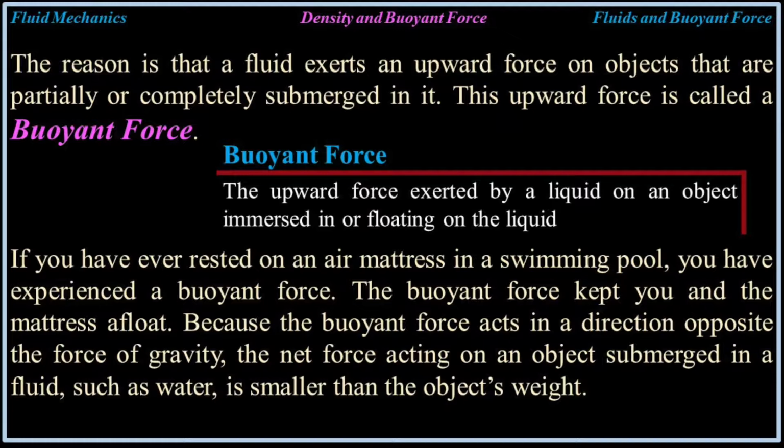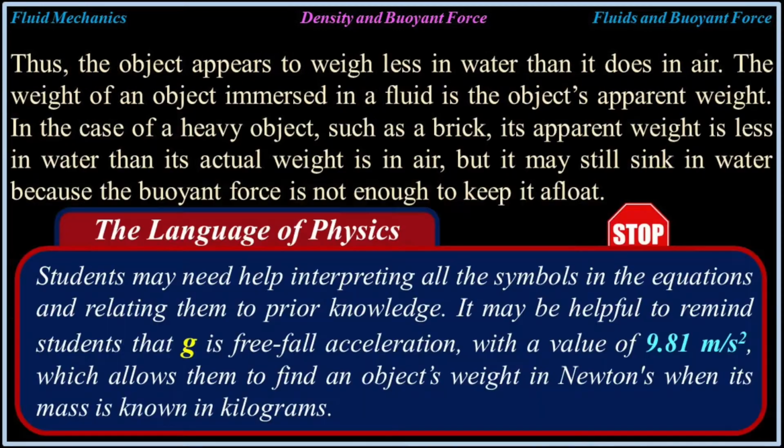Because the buoyant force acts in a direction opposite the force of gravity, the net force acting on an object submerged in a liquid, such as water, is smaller than the object's weight. Thus, the object appears to weigh less in water than it does in air.